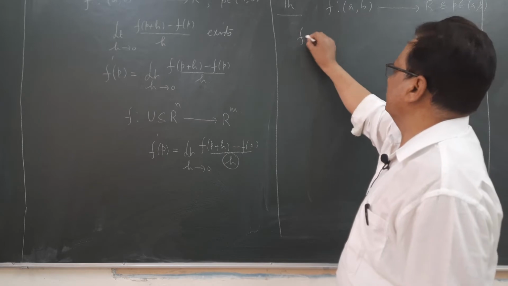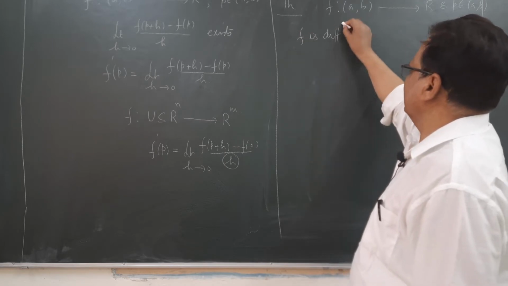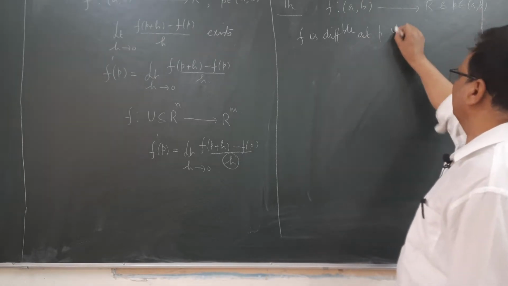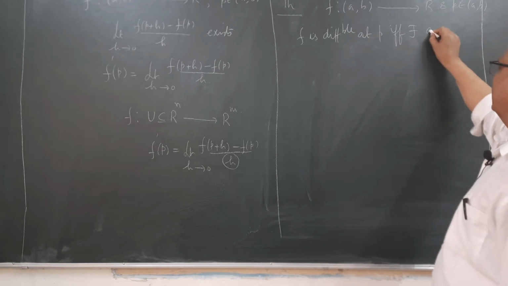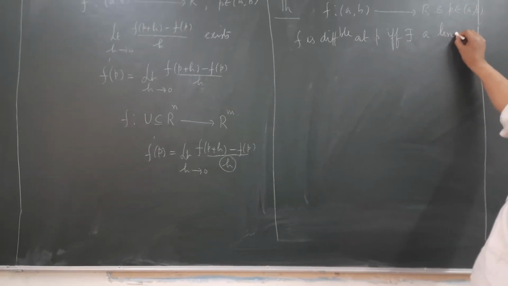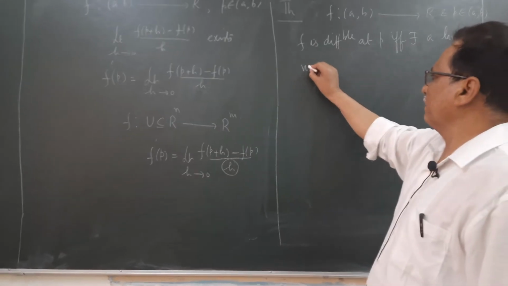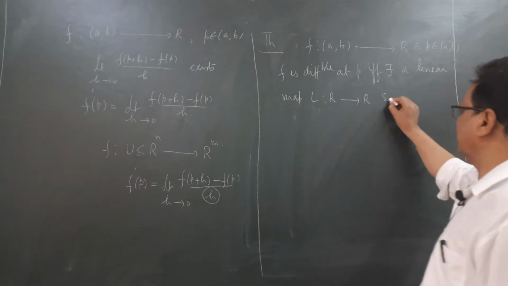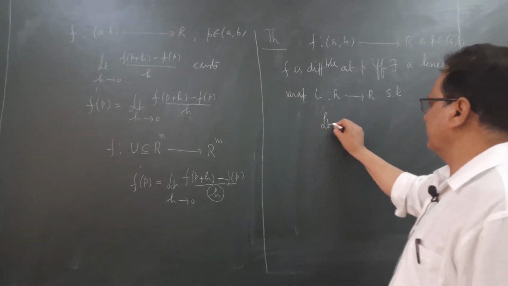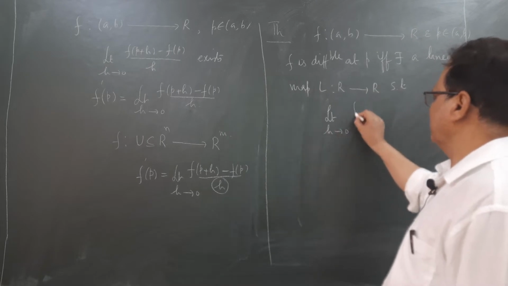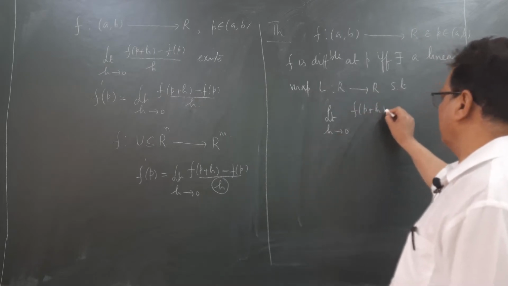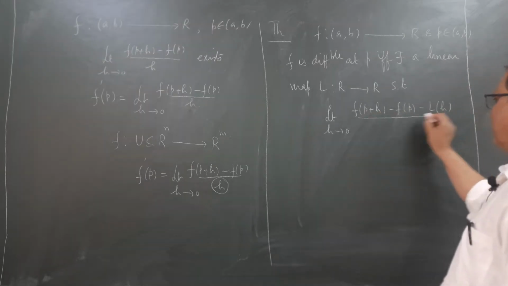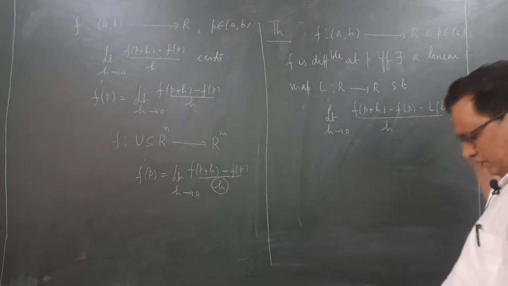So f is differentiable at a point P if and only if there exists a linear map L from R to R such that the limit as h tends to 0 of f(P plus h) minus f(P) minus L(h), upon h, is equal to 0.